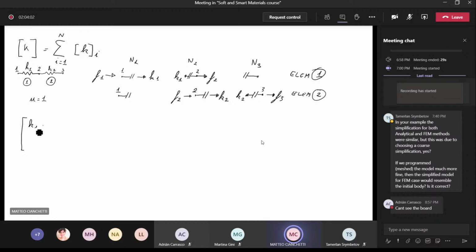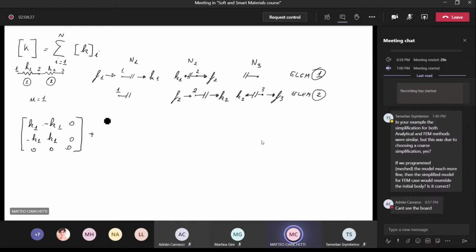example is K1, minus K1, minus K1, K1. And then, of course, there are some zeros because these zeros come from the fact that node number 3 is not part of element 1.